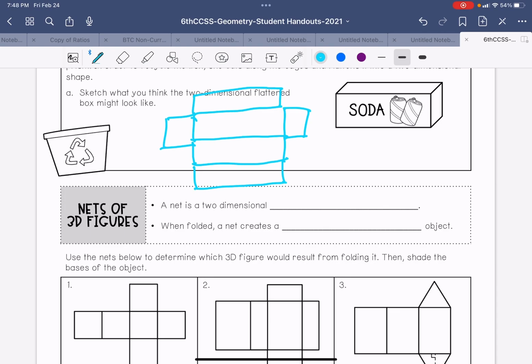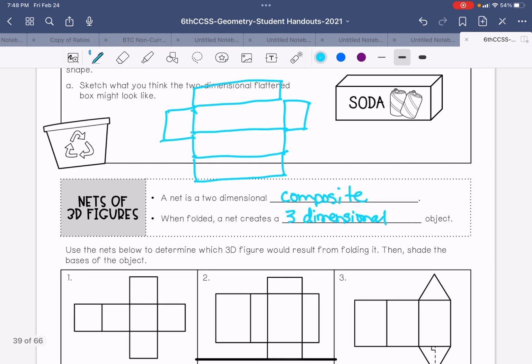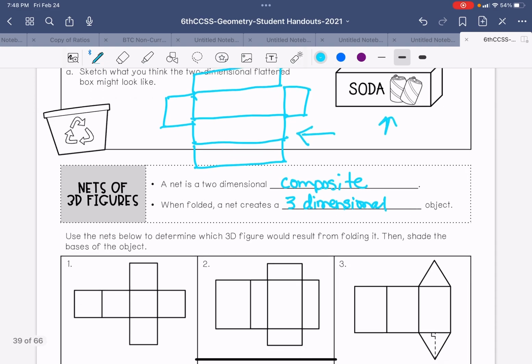Okay, a net is a two-dimensional composite figure. When folded, a net creates a three-dimensional figure. So this is what it would look like here as a two-dimensional figure, and this is what it looks like as a three-dimensional figure.